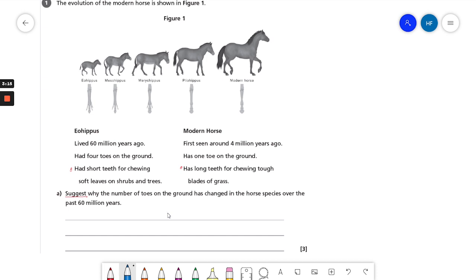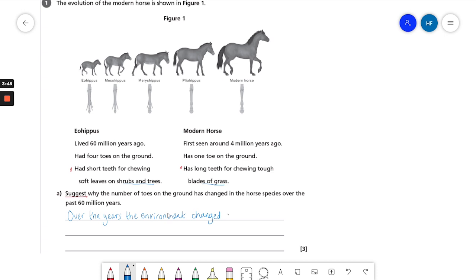So I'm going to say, over the years, the environment changed, we know that from the information here about shrubs and trees to blades of grass.